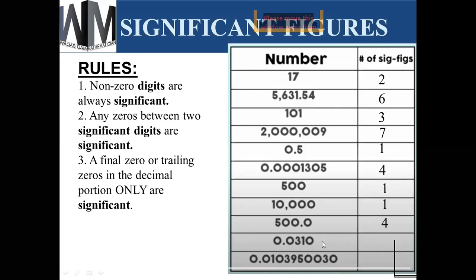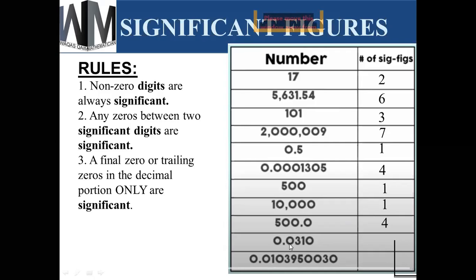Okay, so now let's talk about 0.0310. In this one, how many significant figures do we have? Why 4, Yasin? Right, Ali?